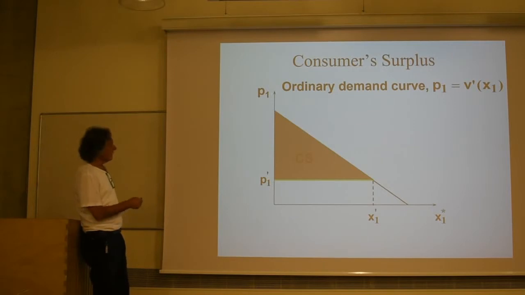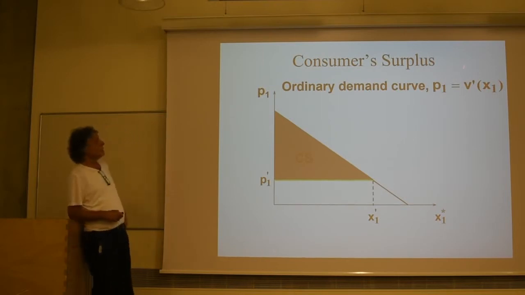Ordinary demand curve, this is P1 and X1. So you look at it like this: for this X1, I'm willing to pay this P1. For this one, I'm willing to pay this much. Or you can ask differently: if I want to buy X1, what is the price at which I will be willing to buy X1 units?